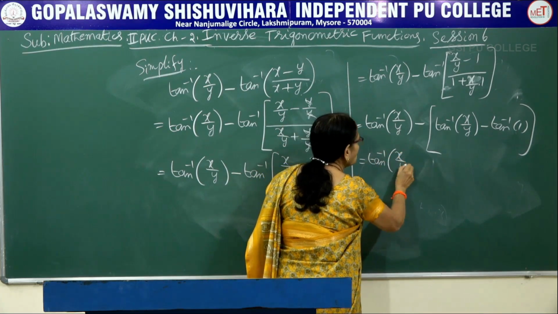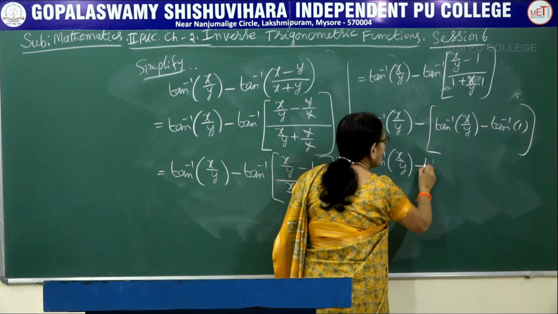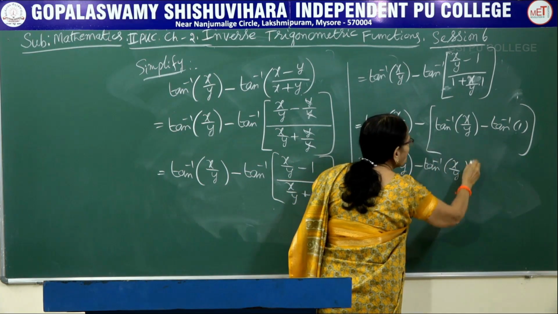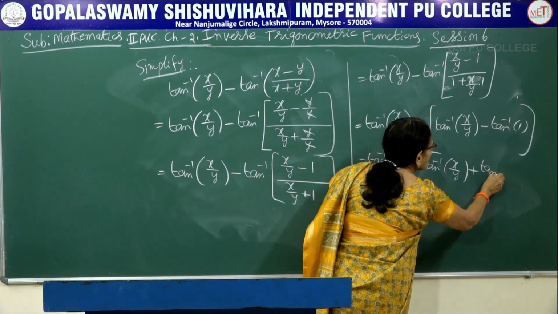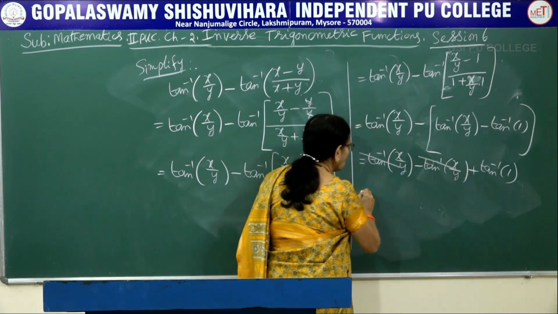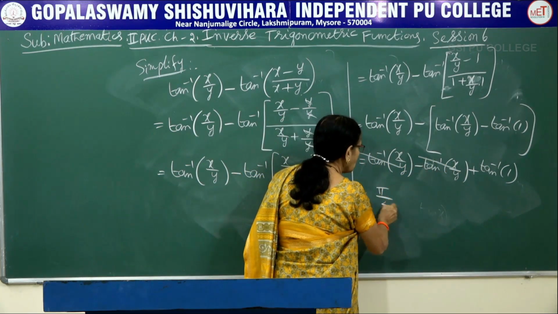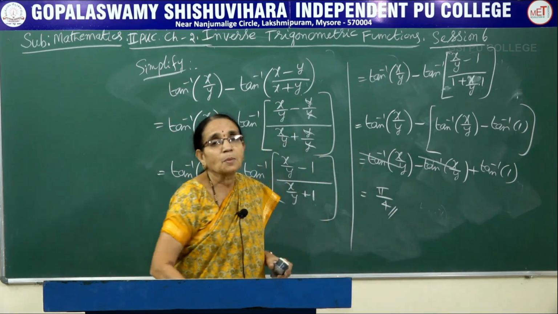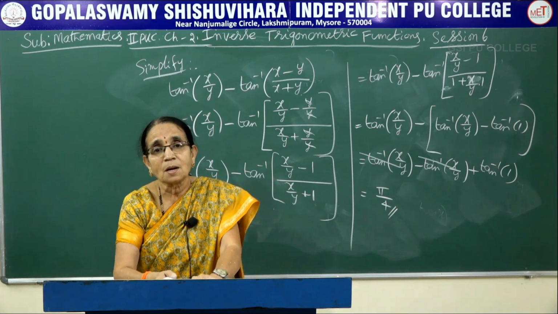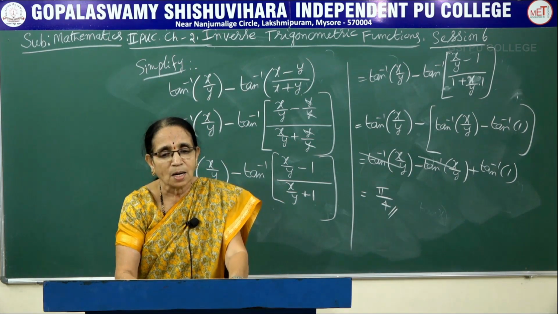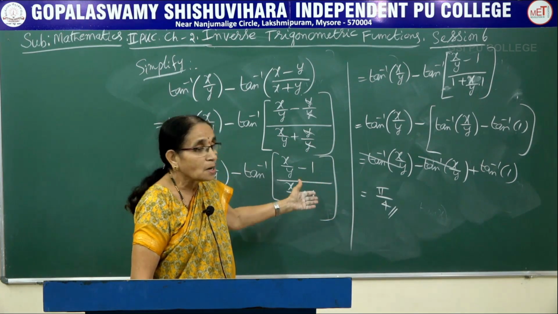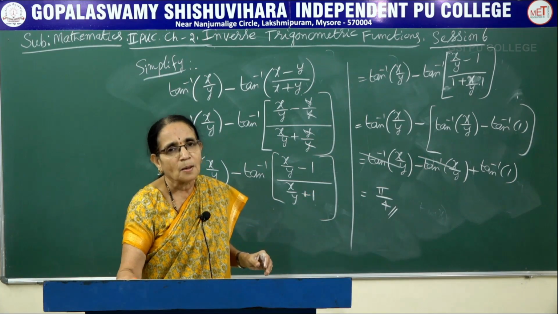Tan inverse of x by y minus tan inverse of x by y, now minus of minus is plus, it is tan inverse of 1. You observe these two are cancelled. Tan inverse 1 is a standard value, the value being pi by 4, or equal to 45 degrees. So I am using one or the other property to arrive at the result. So tan inverse 1 equals pi by 4, since tan pi by 4 is equal to 1.